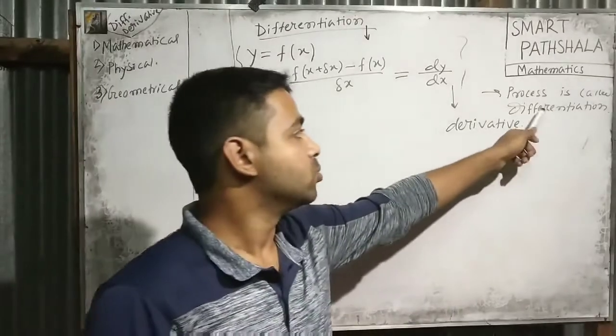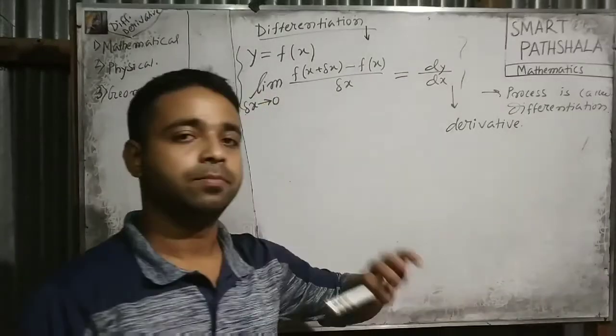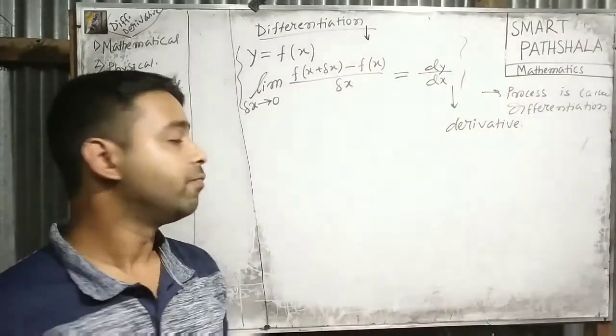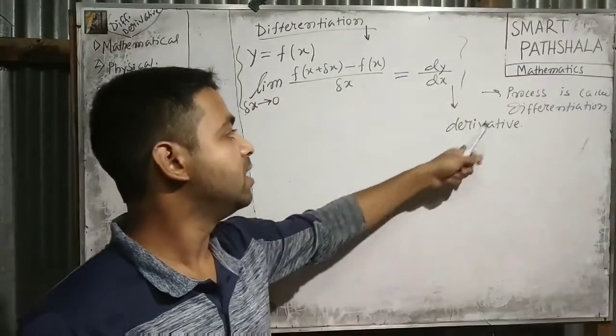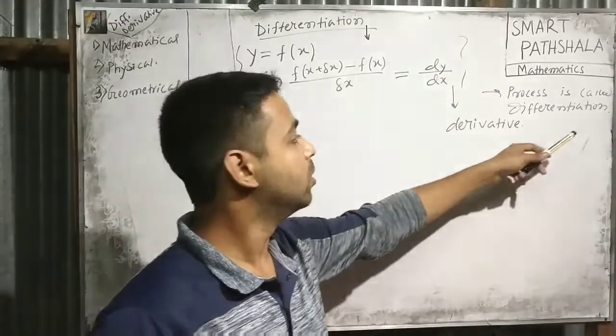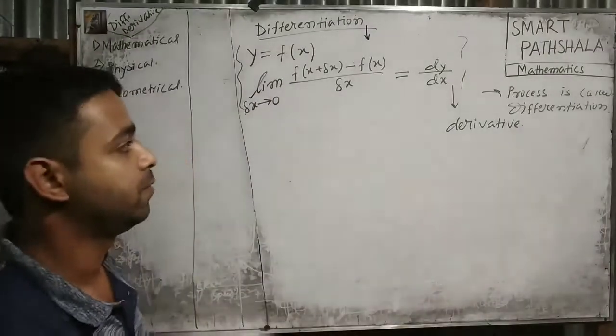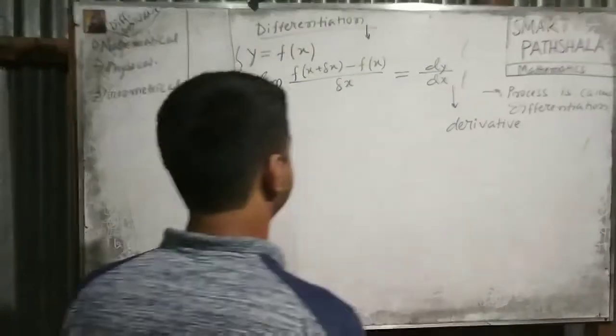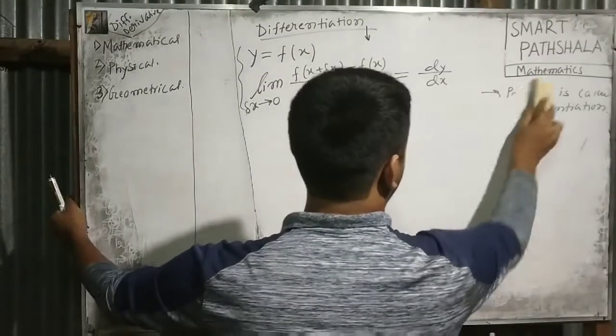Notice these two terms, one is differentiation, another is derivative. These two are not equal terms. These two are really different terms. One is process, one is result, right? One is the cause, one is the effect, right?